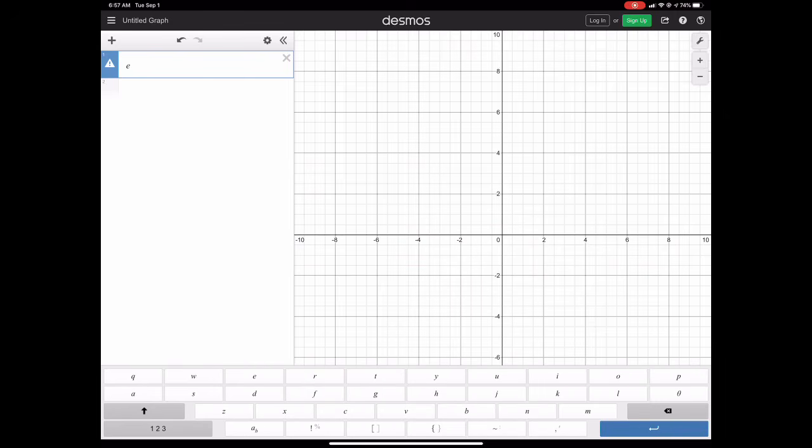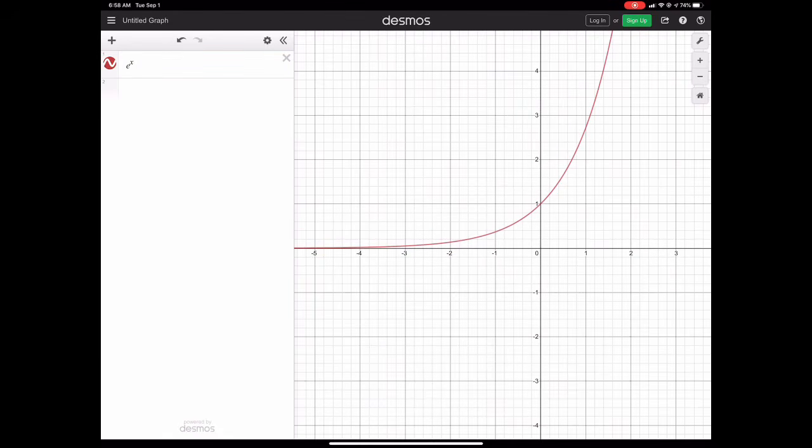There's got to be a faster way. There is e to the x. So, things you have to know about e to the x. Exponential function, it goes through 0, 1.